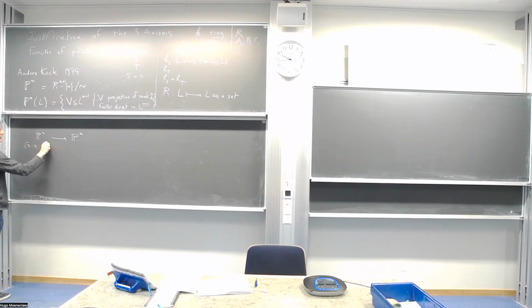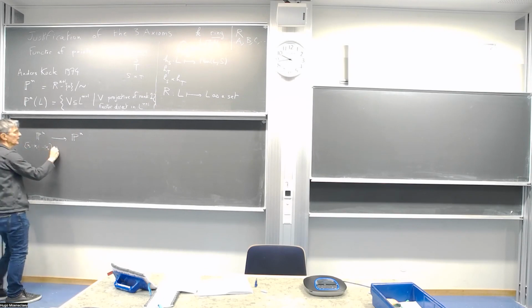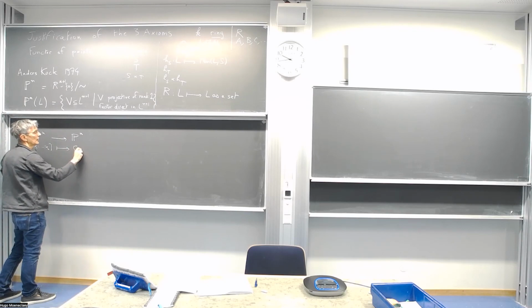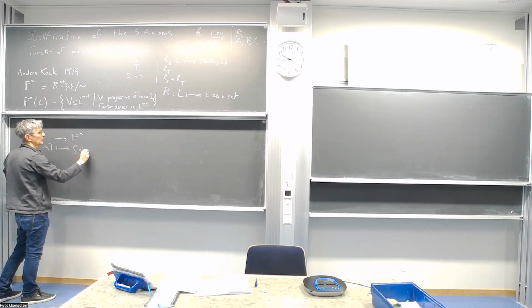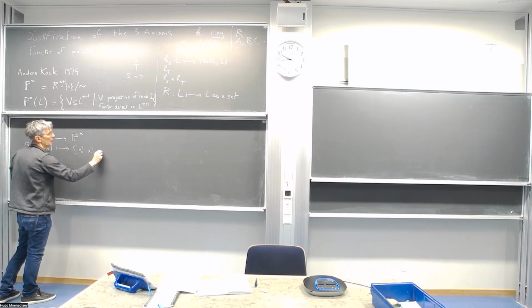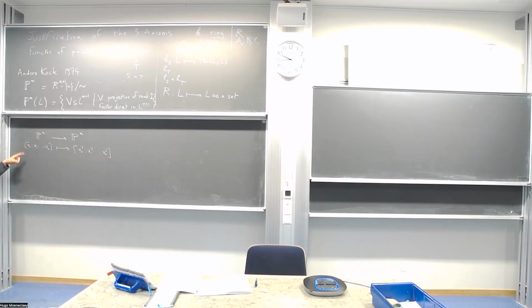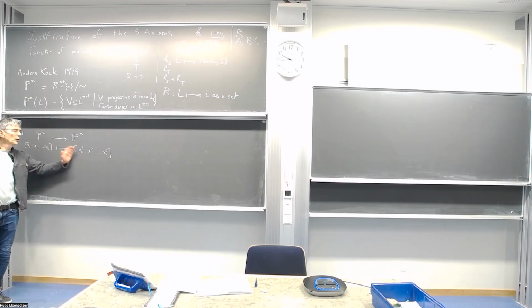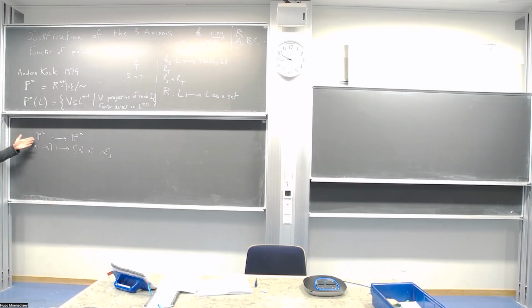An element of Pm is an (n+1)-tuple with the equivalence relation. And then, for instance, you can look at this map. Because if two elements are related by the equivalence relation here, they are also related by the equivalence relation here. So this map is well defined, and this defines internally a map from Pn to Pn.